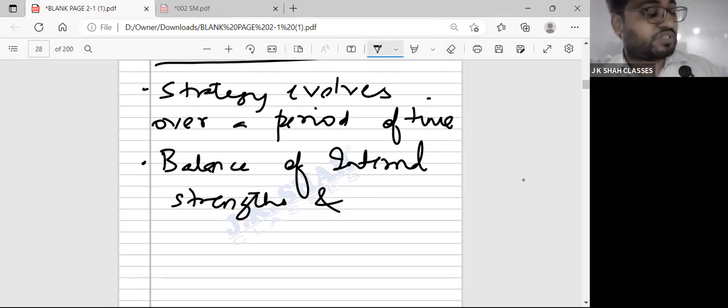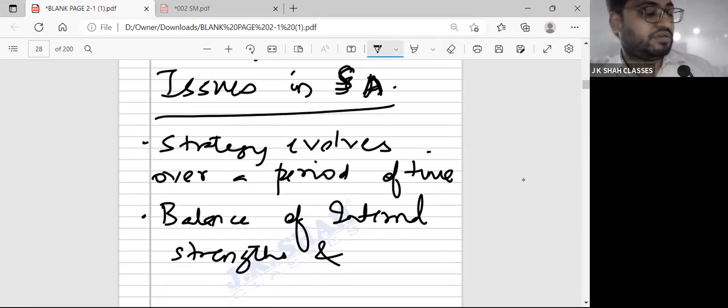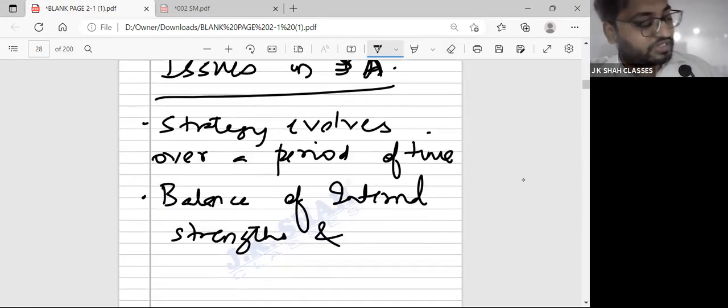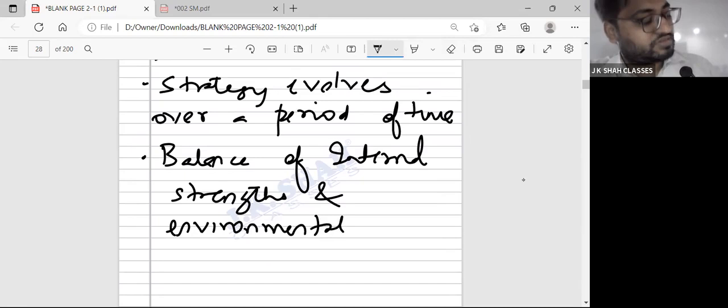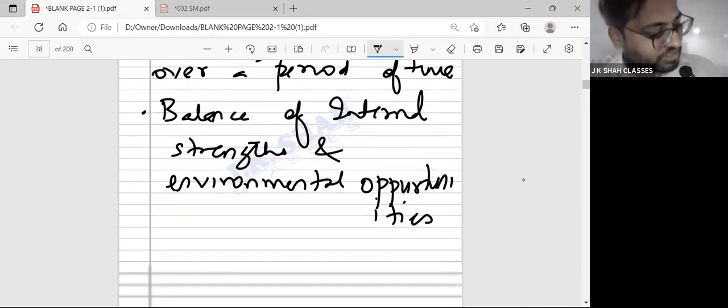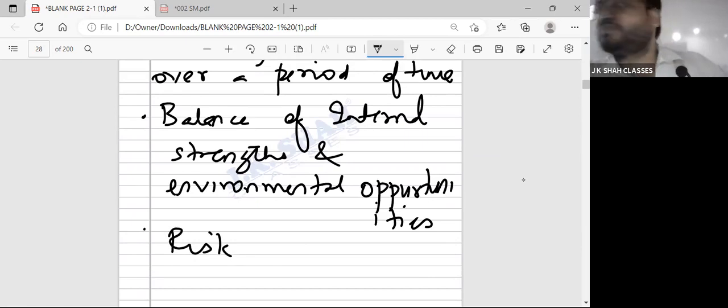The first point was strategy evolves over a period of time. Balance of internal strength and environmental opportunities. And third is risk.